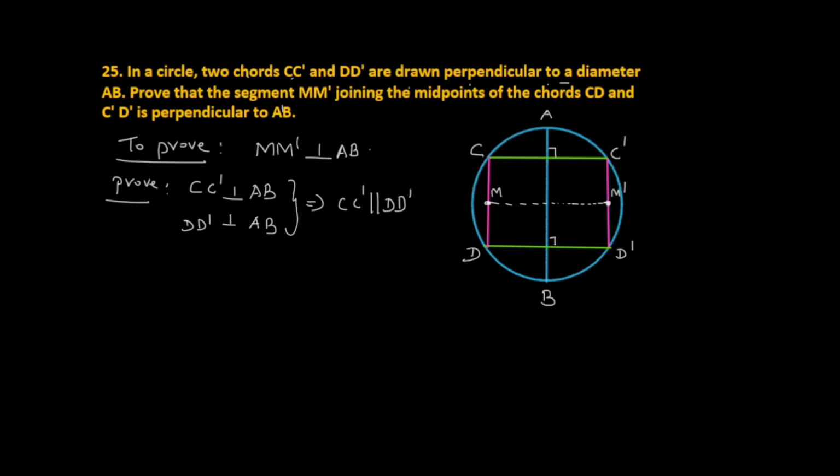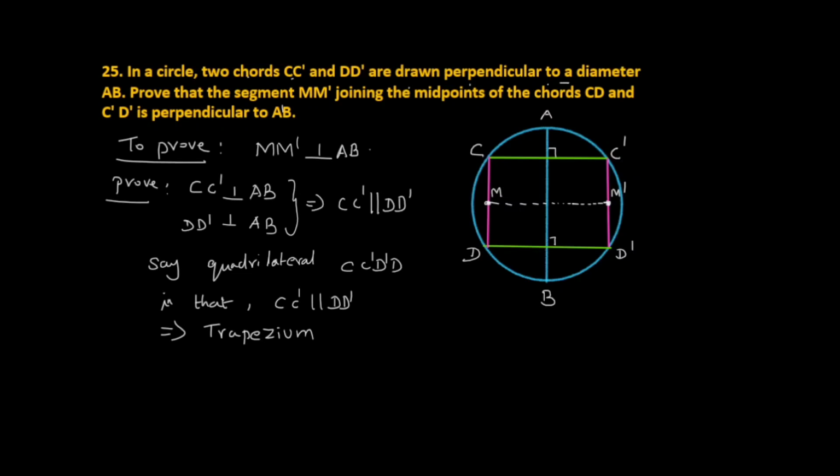Now joining CD and C dash D dash, we are getting a quadrilateral, say quadrilateral CC dash D dash D. This is the quadrilateral. In it, one pair of opposite sides is parallel, which is CC dash parallel to DD dash, which implies that the quadrilateral is a trapezium.